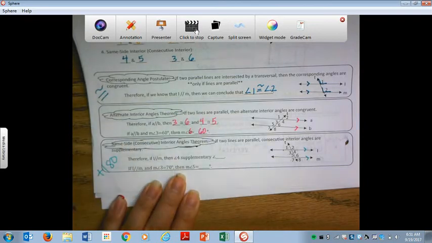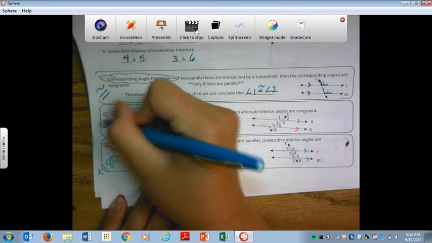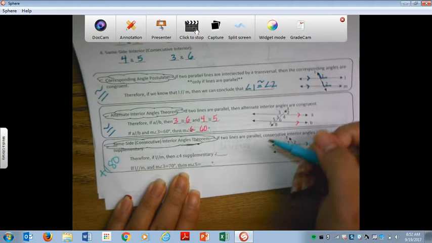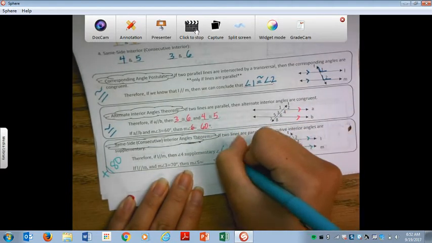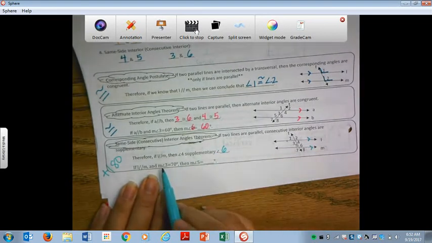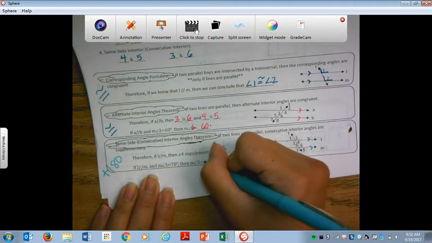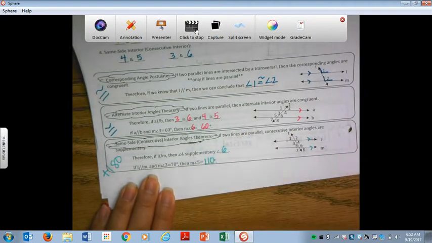I should have marked these ones congruent. So angle 4 is supplementary to angle 6. The other same side interior is angle 3 and angle 5. So if this is 70, you know that angle 5 is going to be 110.